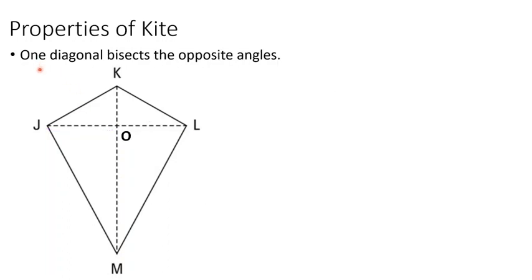So next property is one diagonal bisects the opposite angles. So again, yung tinutukoy nating diagonal dito ay still yung KM at binisect niya yung angle JKL. So ito po yung angle JKL. So angle JKL, nabisect yan ng KM, so again, yung KM, hinati niya yung JKL.